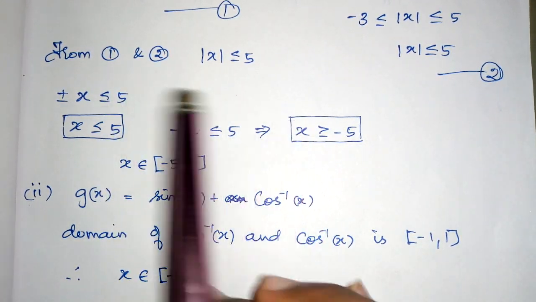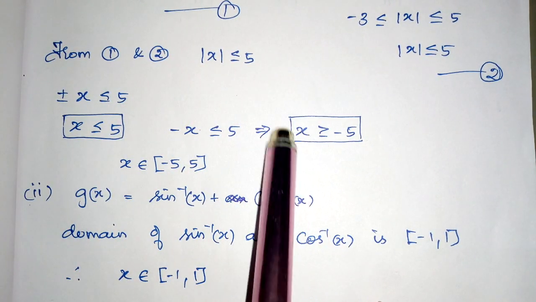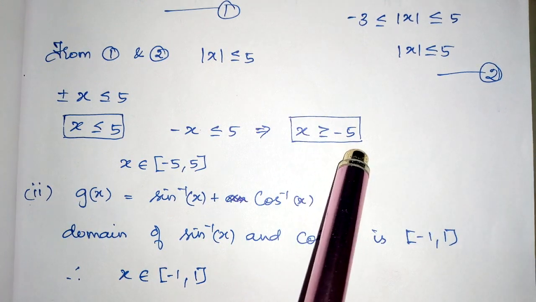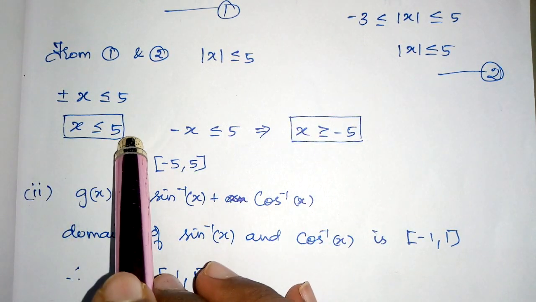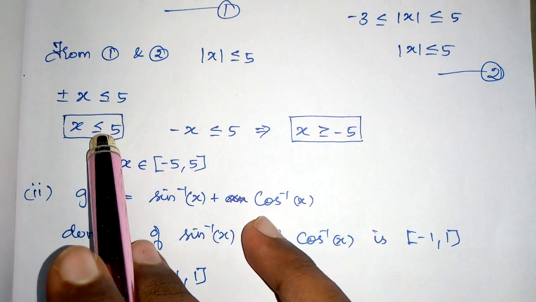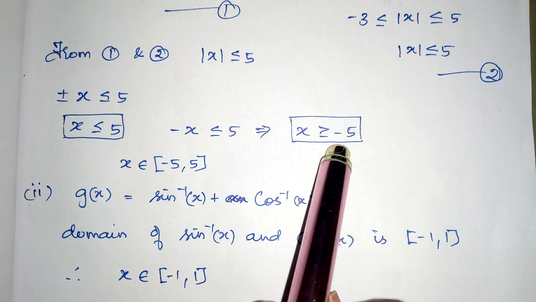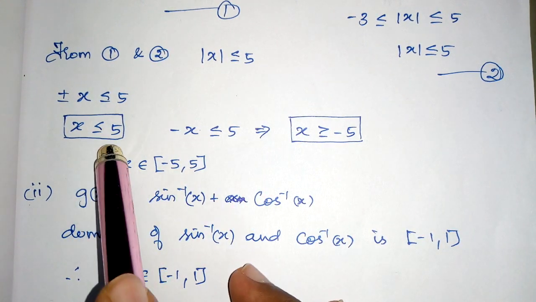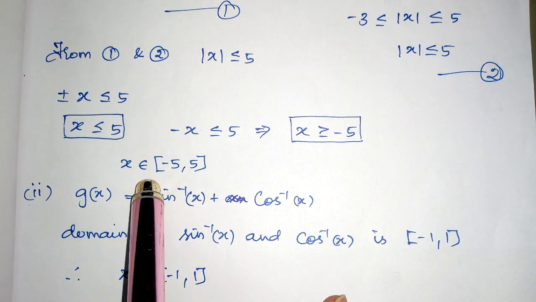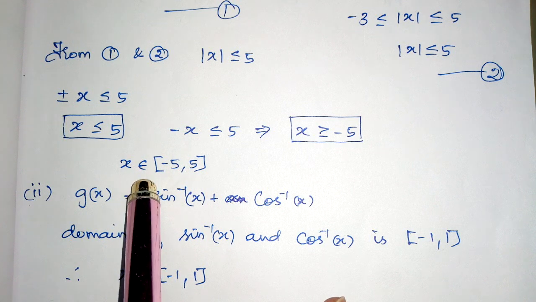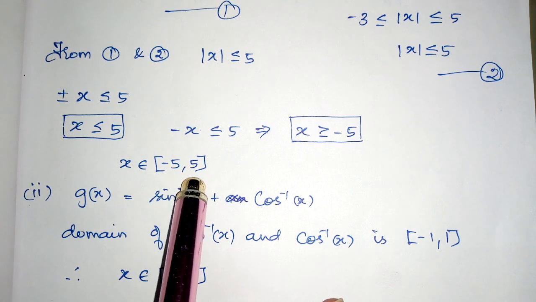So x is greater than or equal to -5, and x is less than or equal to 5. Equal to means closed interval, and the lesser value is -5 and the greater value is 5. So x belongs to the closed interval of -5 comma 5.